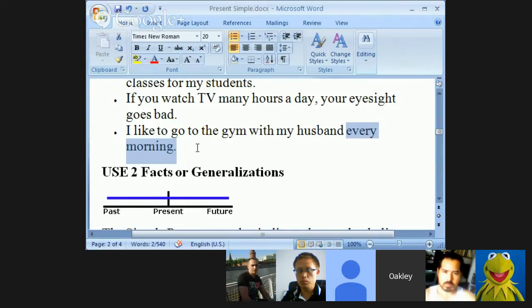So the main question, I've been debating this with other students and with teachers also. There is this fringe belief that there is actually a difference between I like to go and I like going. So what's your take on that?